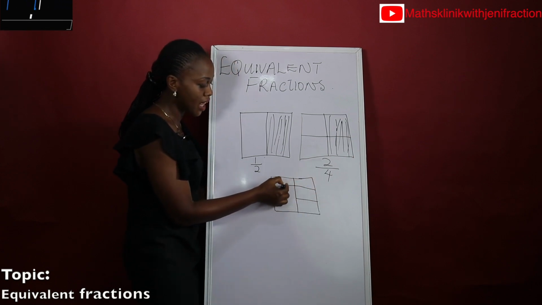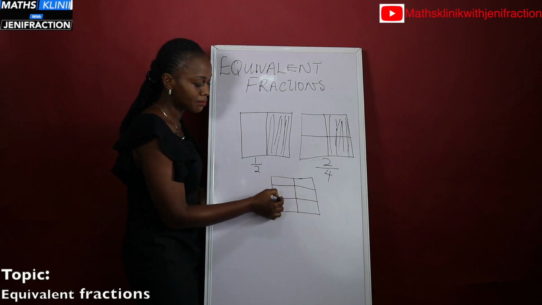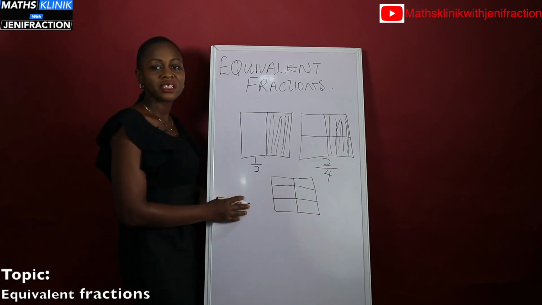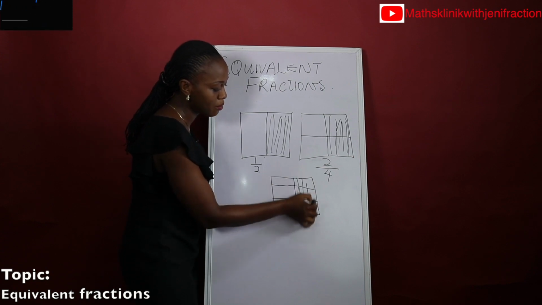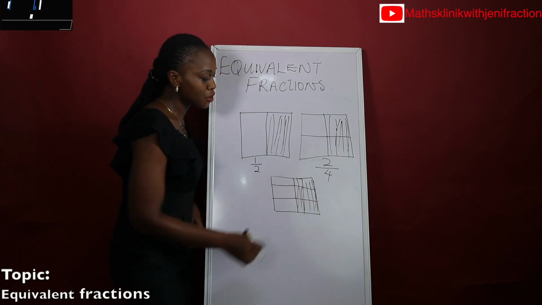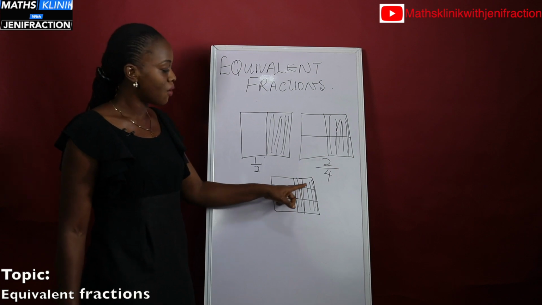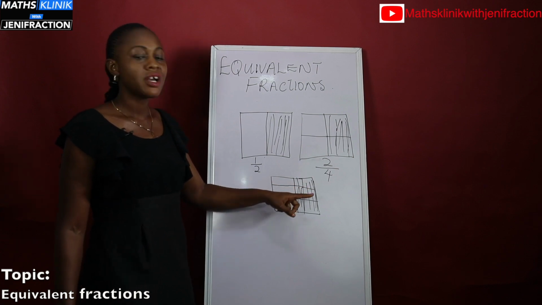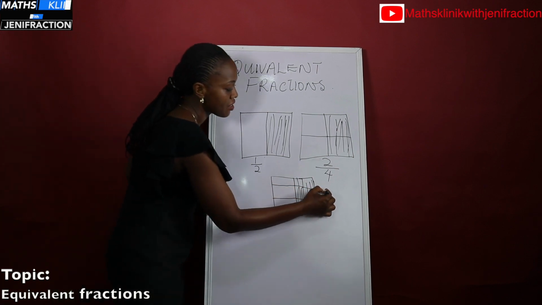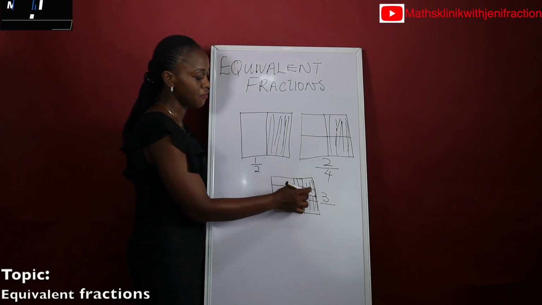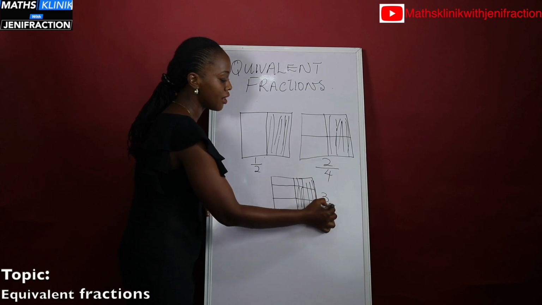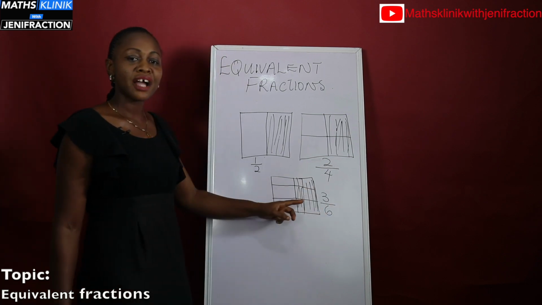The same thing will happen to these parts. Can you see it? I've shared it into 6 parts. I still have the same 1 part I am shading. So how many parts did I shade here? 1, 2, 3. So I have 3 parts out of 1, 2, 3, 4, 5, 6. Out of 6. Are you following?